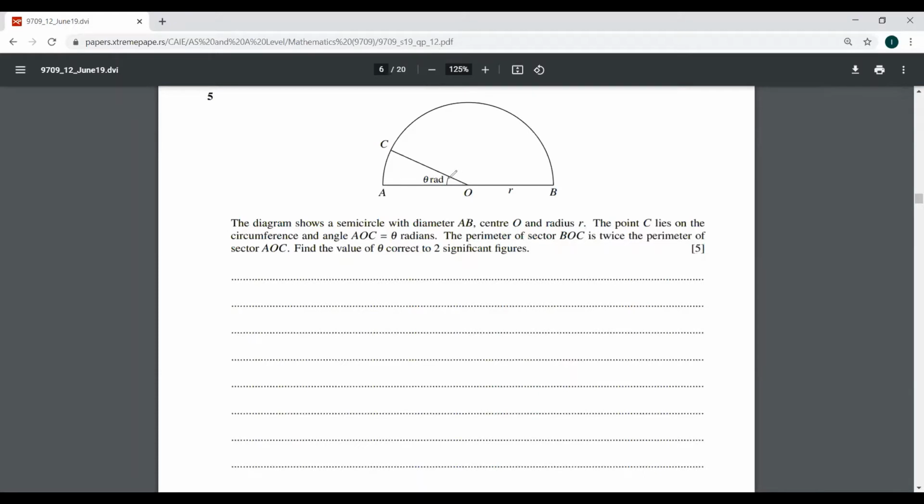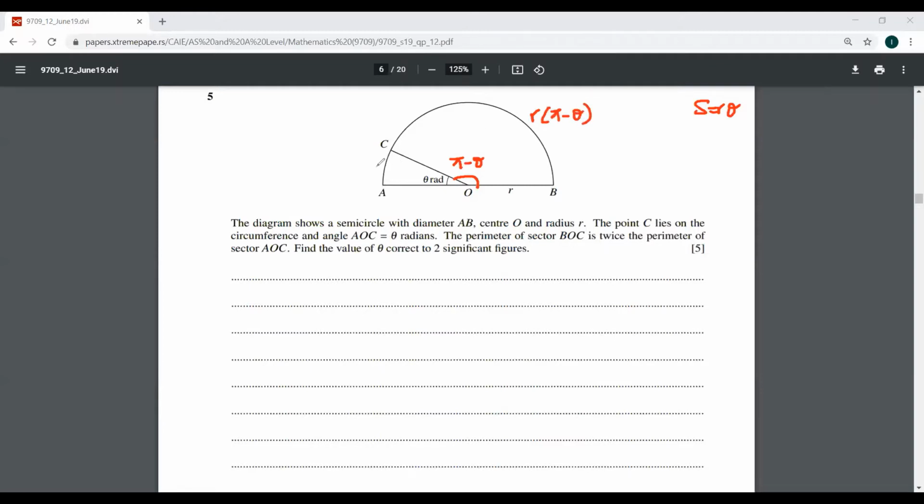The given information is that the perimeter of BOC, if this angle is theta, can I say this is going to be pi minus theta, Hannah? And this arc length, we have the formula S equal to R theta, so this is going to be R times pi minus theta.